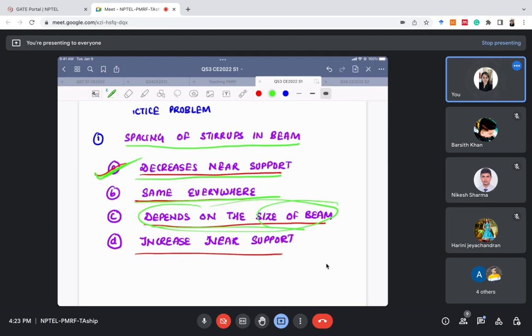The context was different in this case: it decreases, it increases, or it remains the same everywhere. But you got my point, right? It is decreasing near the support. Maybe they can ask this question in another way, maybe I have not framed it very well. Any confusion? The point you got is why it is less near the support: because the shear force is maximum.